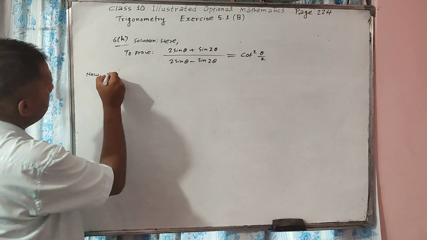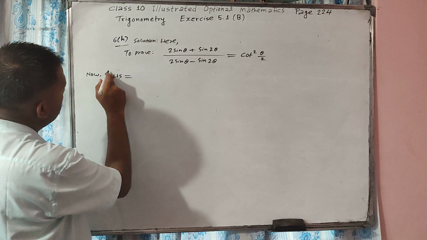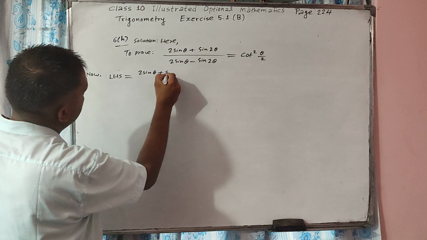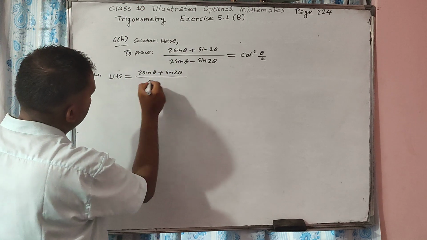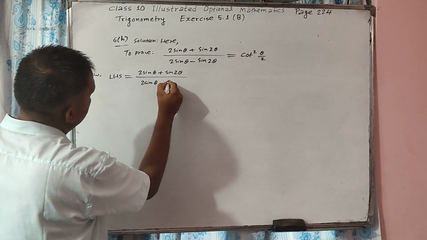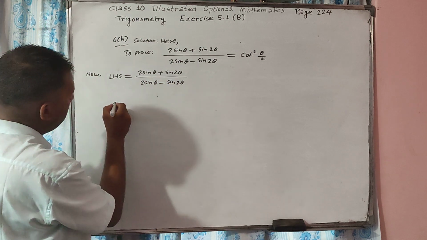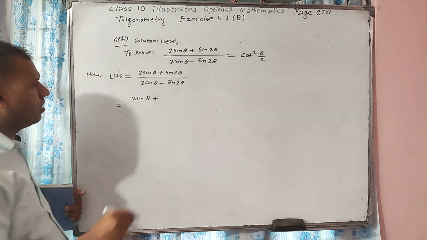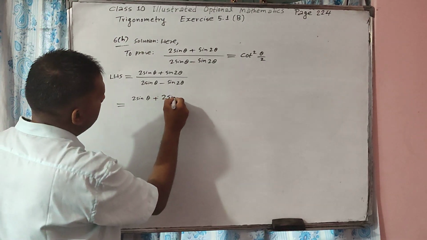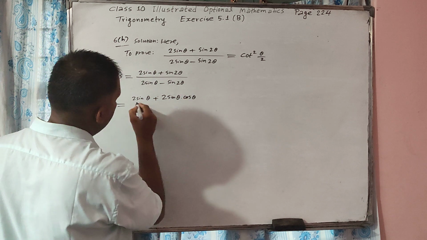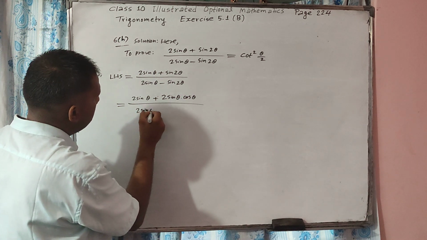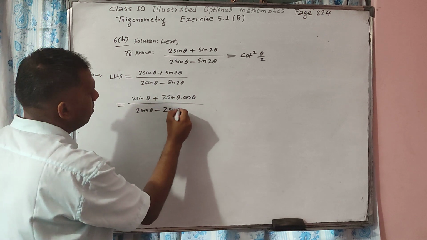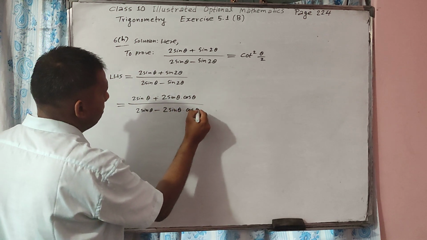Now LHS equal to 2 sin theta plus sin 2 theta whole upon 2 sin theta minus sin 2 theta. Sin 2 theta, its formula is 2 sin theta cos theta. So 2 sin theta plus 2 sin theta into cos theta whole upon 2 sin theta minus sin 2 theta, again its formula is 2 sin theta cos theta.